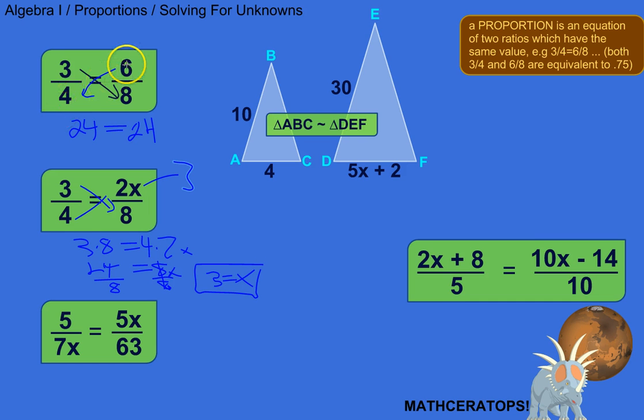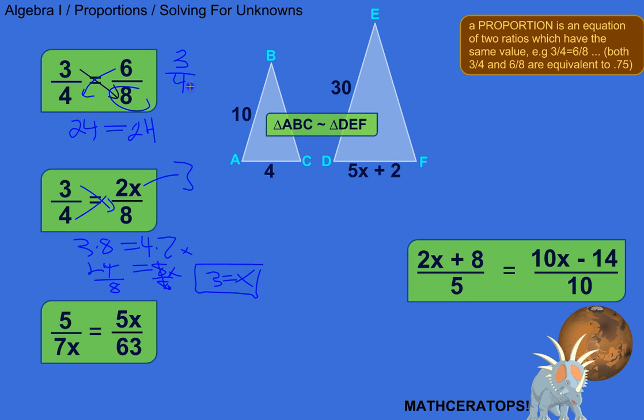3/4 is equivalent to 6/8. Well, 3/4 is equal to 2 times 3 over 8. And a little side note, this goes back to when you needed a common denominator when adding and subtracting fractions. If you wanted to add 3/4 to something out of 8, what did you do?